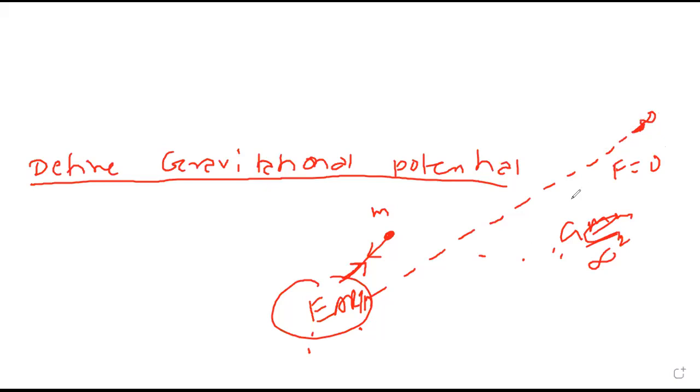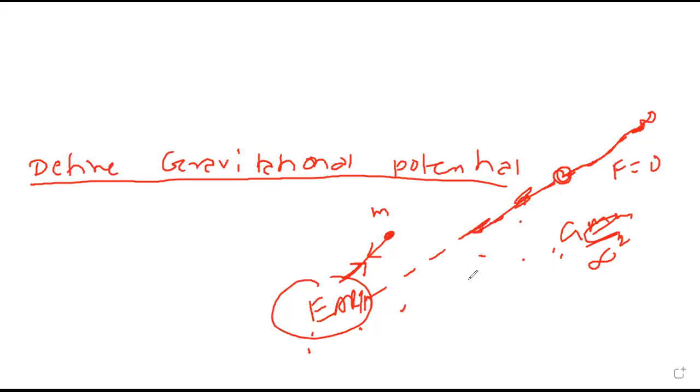If I easily move it, am I doing any work? No, even if I blow on it, it will move, because there is no opposition. But when I come closer in the gravitational field, if I apply some force, it will be pulled downward.